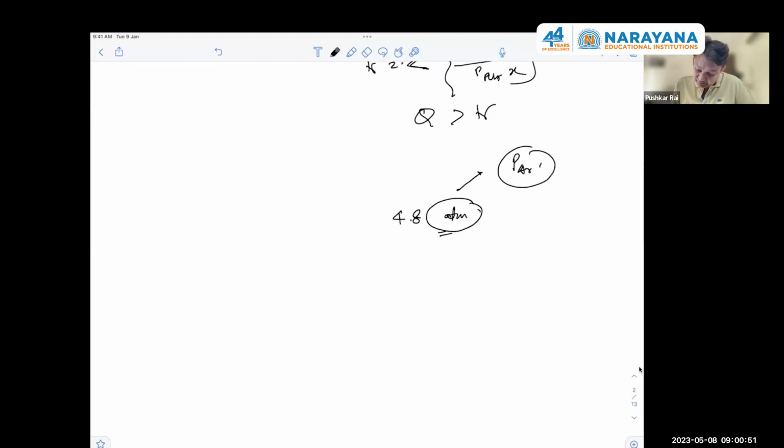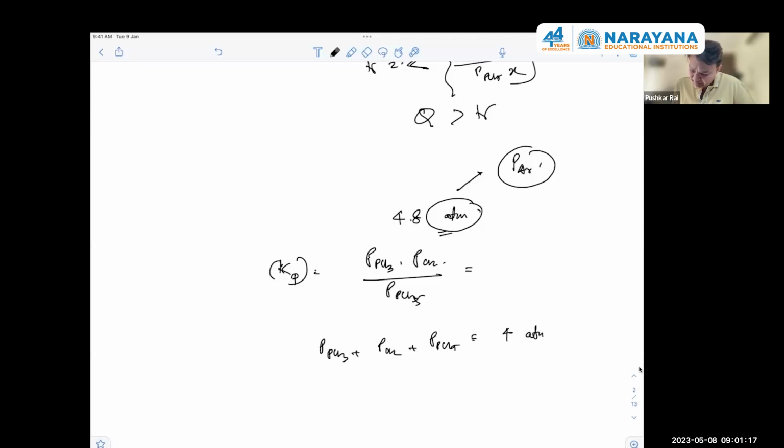So the situation is like this: Kp equals pressure of PCl3 times pressure of Cl2 upon pressure of PCl5, and their product was equal to Kp, and the sum of PPCl3 plus PCl2 plus PCl5 was somewhat less than 4 atm. The sum was there.